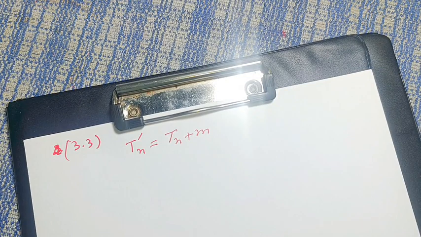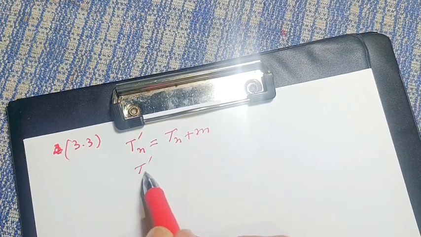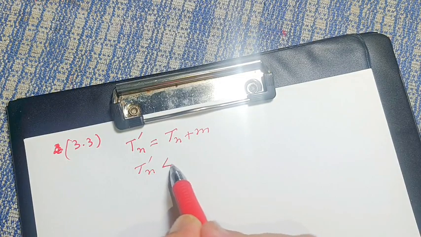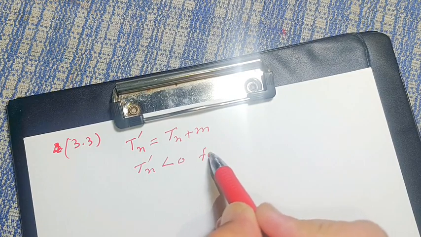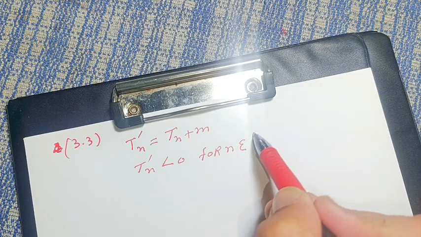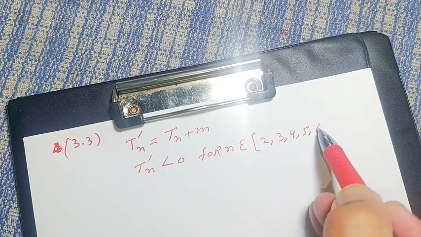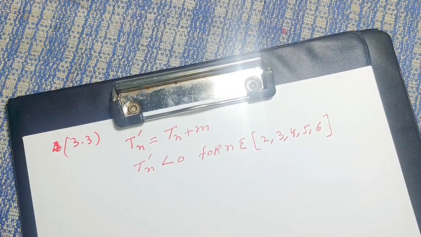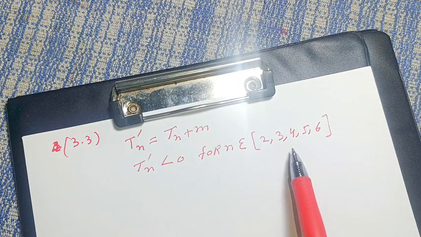Now we want the T prime n, which is the new term, to be less than 0 because you said it must be negative, for n lying between 2, 3, 4, 5 and 6, because you said between T1 and T7. So T1 and T7 are not included. Terms between T1 and T7, right?